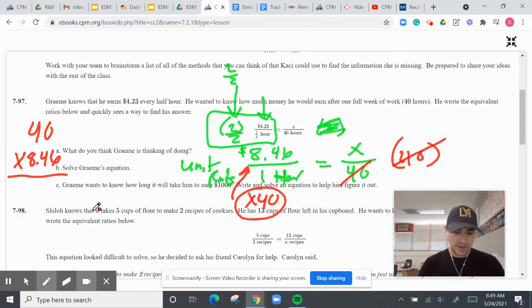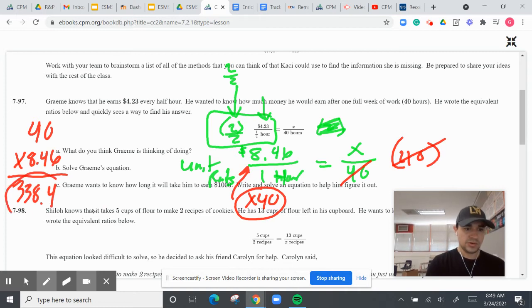If you had a calculator out, 40 times 8.46 is $338.4. And that's how you do it.